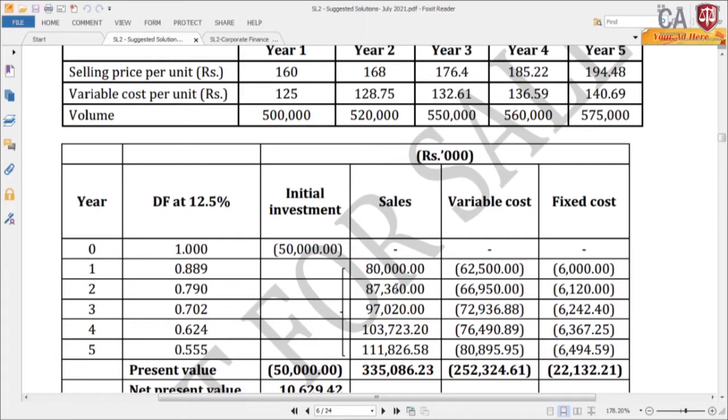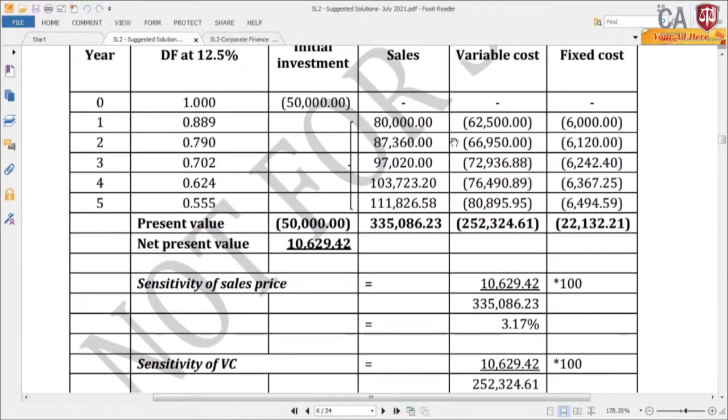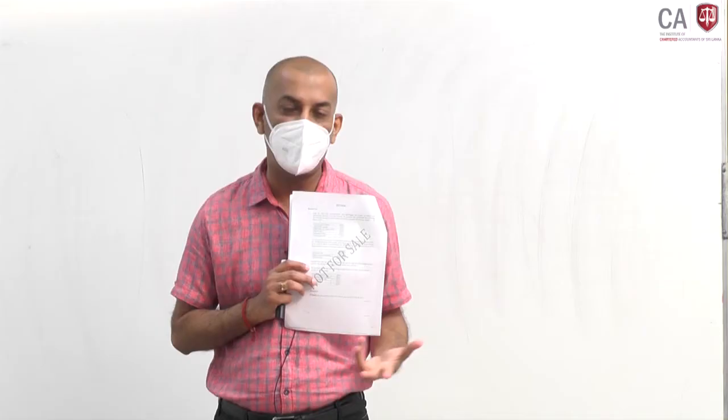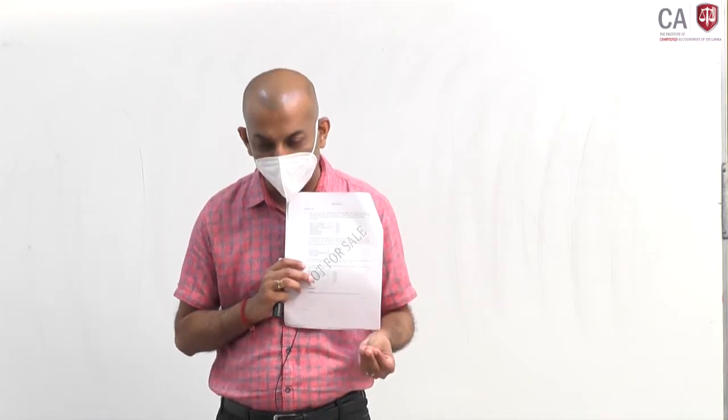So you can see the simple investment appraisal, your NPV is 10 million 629, that is 10.6 million, a positive NPV. So we know that the company's investment is feasible because it has a positive NPV. Whenever we say a positive NPV, we know that value is going to be created for shareholders, so the project is accepted.